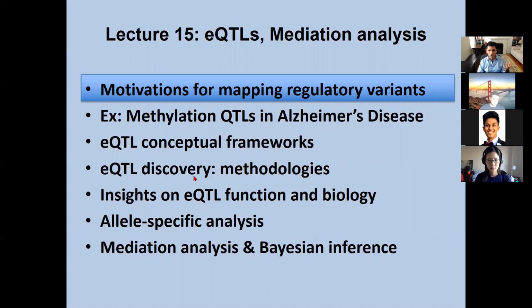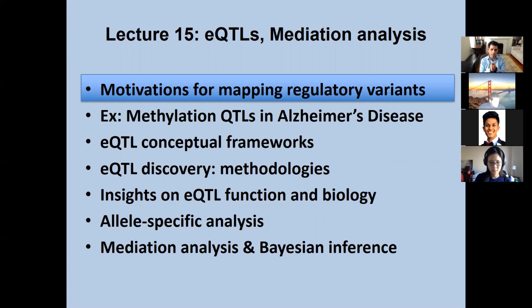And then diving into the methodological foundations of eQTLs, and then some insights on eQTL function and biology, and then a very powerful complementary approach of allele-specific analysis, and then lastly, Bayesian approaches for mediation, for understanding what are the mediators of the effect of genetic variance.